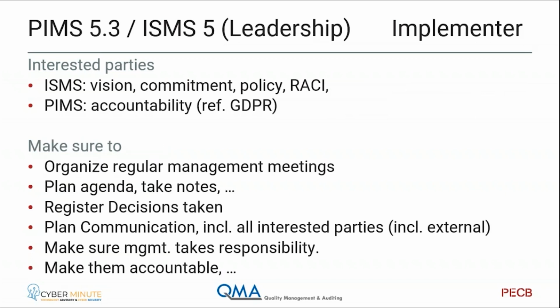Same thing here, module 5 or 5.3 in the PIMS system is making your leadership accountable for it. And accountability, as mentioned also in the interested parties part in the GDPR, is extremely important. Make sure that your management signs off for what you're doing. You get the support.